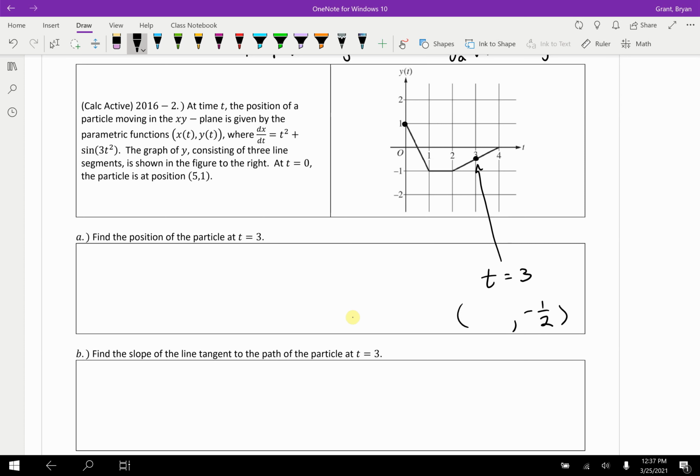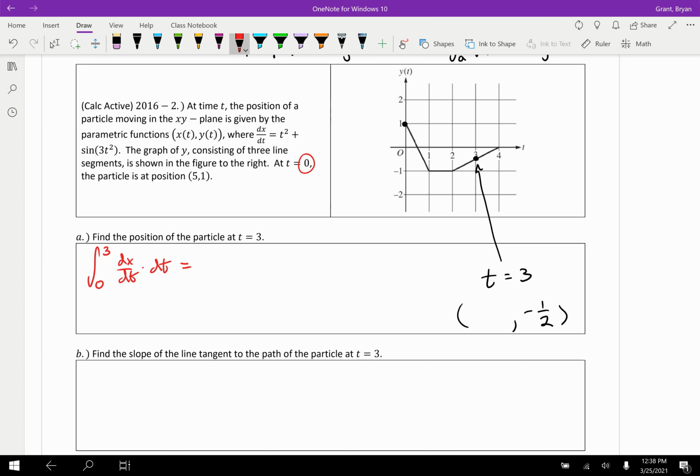However, the x is a little bit trickier because we don't have a graph of x. We do have a derivative, though, which is kind of nice. And we should be comfortable manipulating this derivative to find position. This is just like particle motion, we're just doing one-dimensional with the x. So I want to know when the particle is at 3, and I know at 0. So we're going to do the antiderivative of dx dt with respect to t.